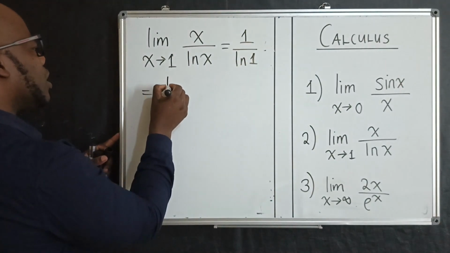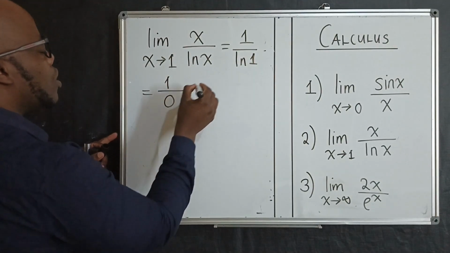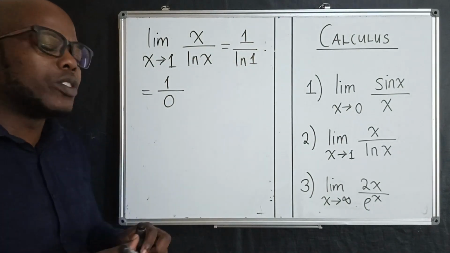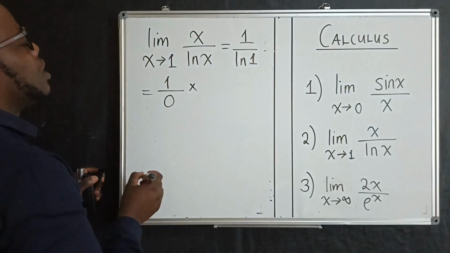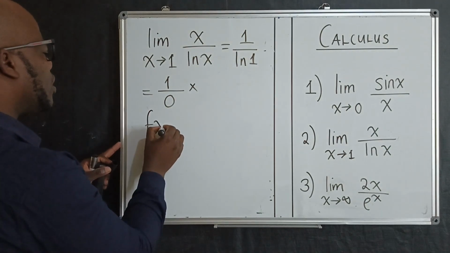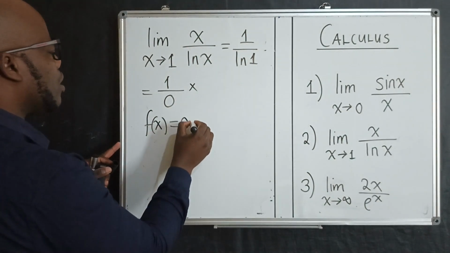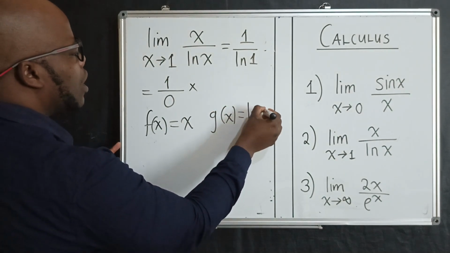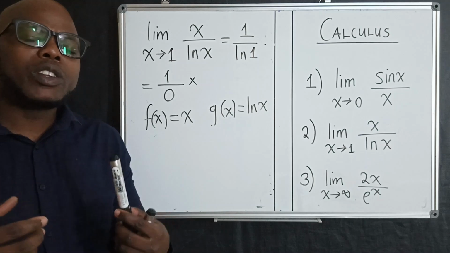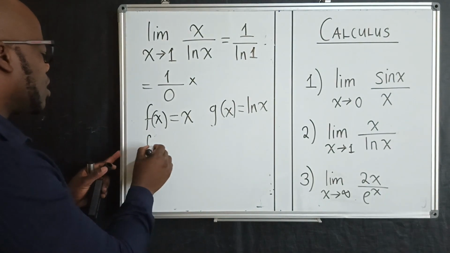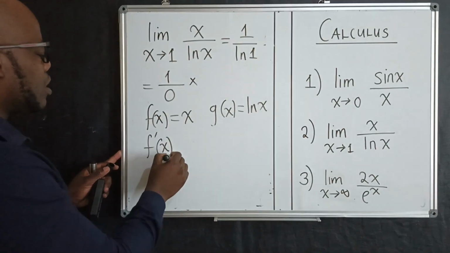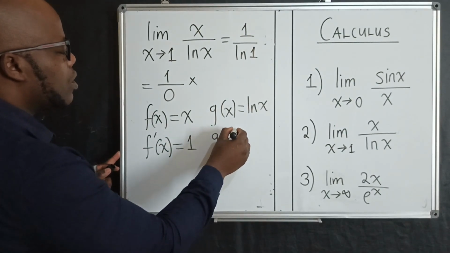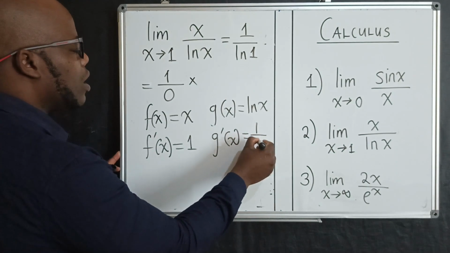Now this will give us 1 over 0, because the value of ln 1 is equal to 0. And this is what we don't want. So we shall say f of x is equal to x, and g of x is equal to ln x. The derivative of f of x will be equal to 1, while the derivative of g of x will be equal to 1 over x.